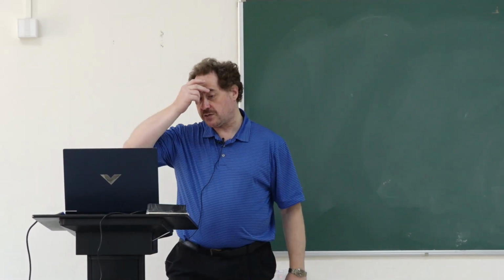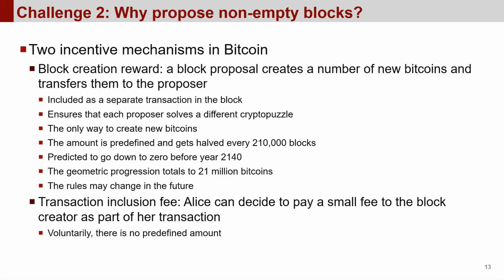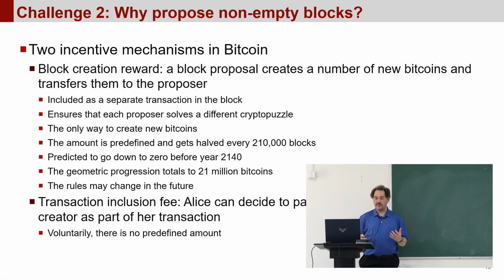The first mechanism is called block creation reward, and a block proposal creates a number of new Bitcoins and transfers them to the proposer. It's called the coin-based transaction in Bitcoin. So it's included as a separate transaction in the block.